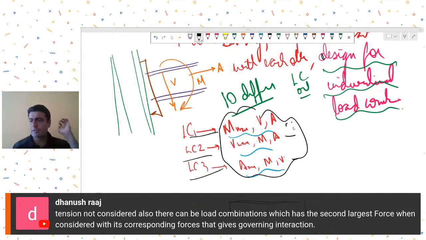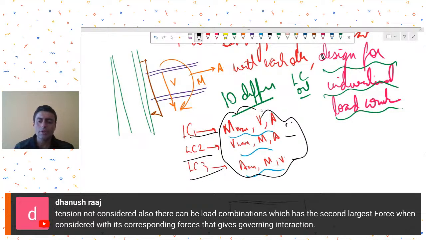For example, what is the maximum tension force you are getting? For that, what is the corresponding moment and shear? Also investigate what is the second largest tension. For that, what is the shear and moment? You may have to investigate it and make sense of it before rushing to software.